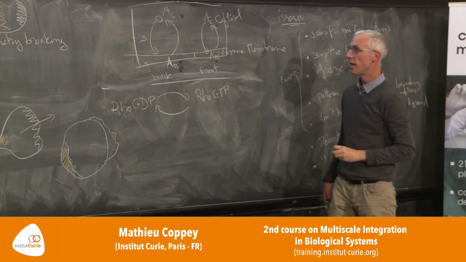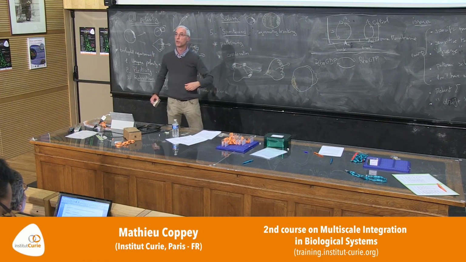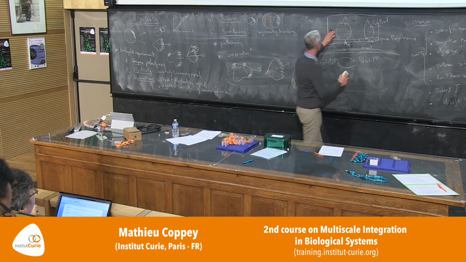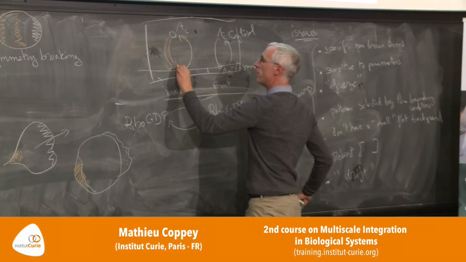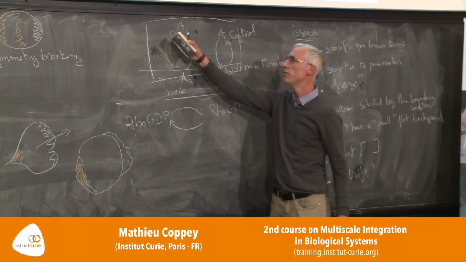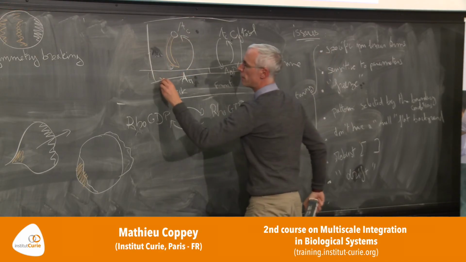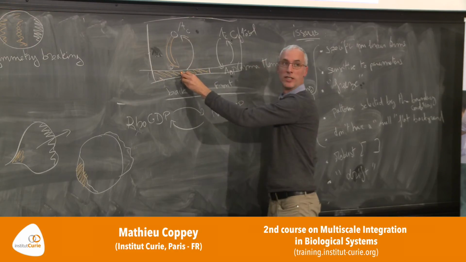cytoplasmic one. And what you do when you do optogenetic activation, so when you overactivate these rhodopsins at some place, is you imbalance the kinetics. And so you make a big relocalization of the cytoplasmic component onto the membrane, which means that the balance between the cytosol and the membrane will be changed here.